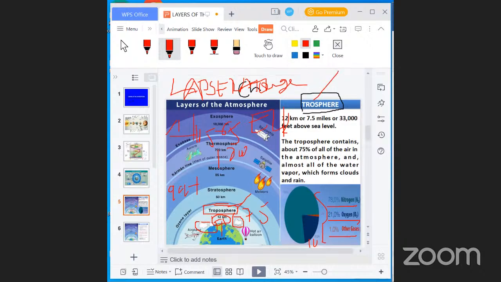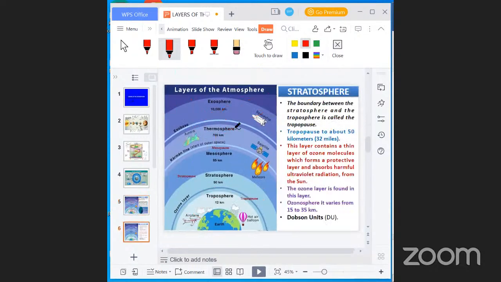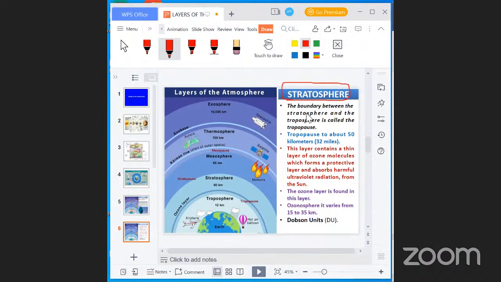Okay. Then next we are going to another sphere, the stratosphere. This is the second layer of the atmosphere. Strato means layer. This layer of our atmosphere has its own set of layers.